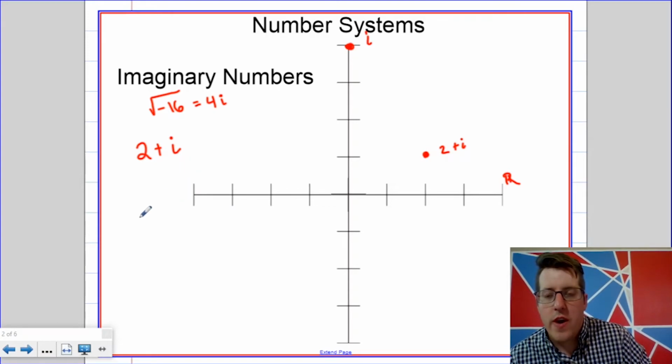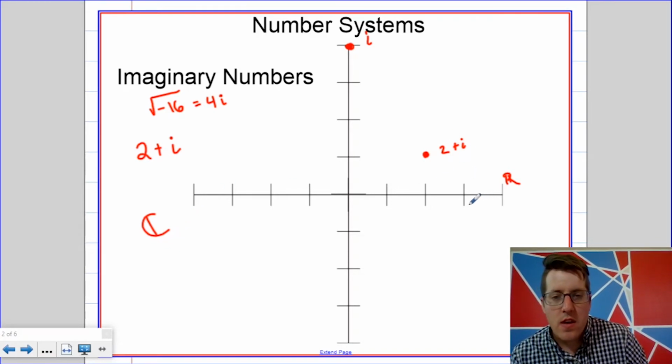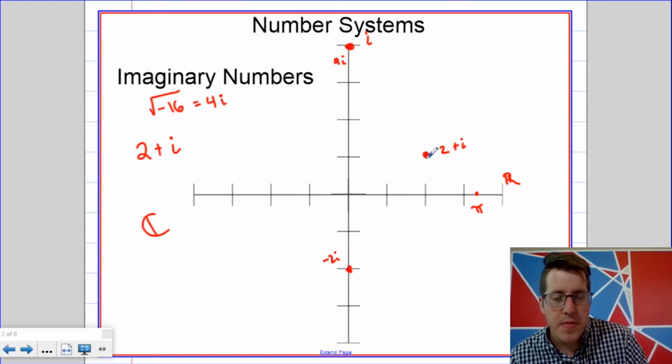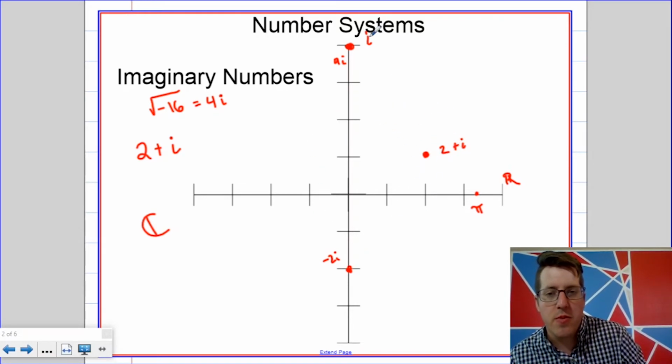Imaginary numbers are a subset of what are called complex numbers, as are real numbers. To be clear, anything that falls only on this line, so for example, pi, that is a real number. Anything that has any imaginary part, whether it's a pure imaginary number like 4i, or negative 2i, or if it's something with a real part and an imaginary part like 2 plus i, those are all called imaginary numbers.